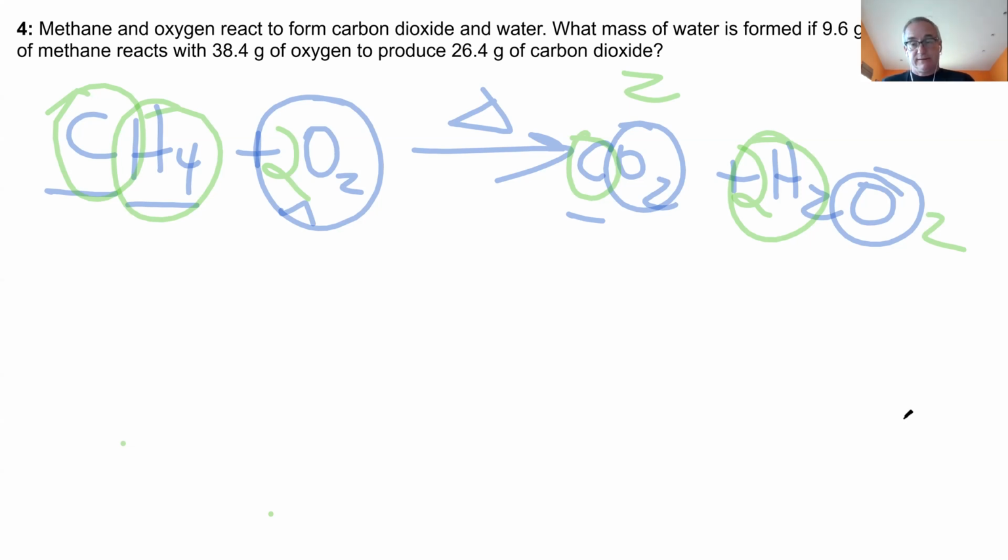Yes. Do we need the state of matter after? If you're told to show state of matter, then yes. So in this case, CH4 would be a gas, O2 would be a gas, CO2 would be a gas, and H2O would be a liquid. Would that be water vapor?